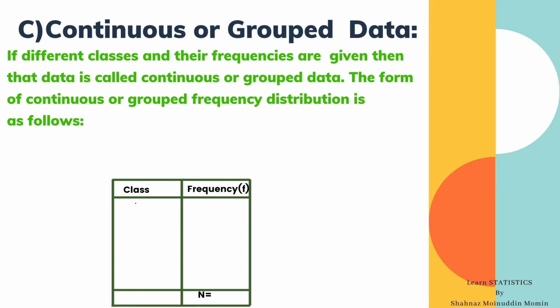Suppose we have given the classes 0 to 10, 10 to 20, 20 to 30, 30 to 40, 40 to 50, and their frequencies are given: 2, 4, 8, 7 and 10.